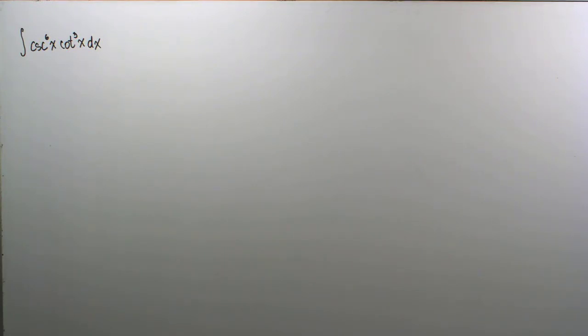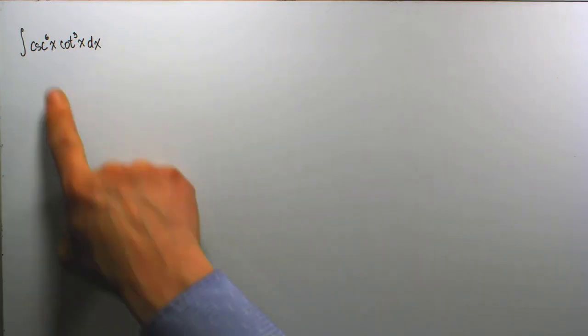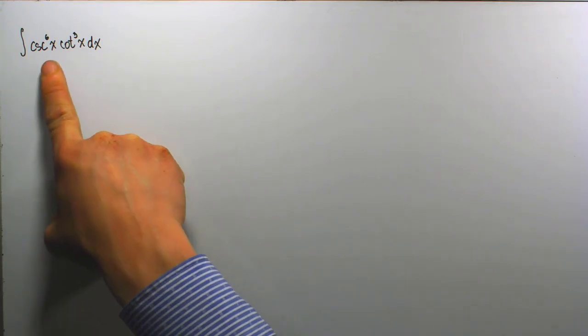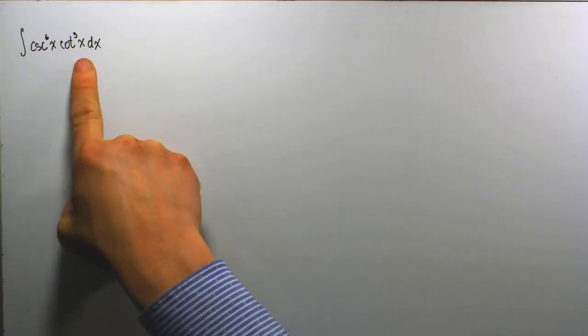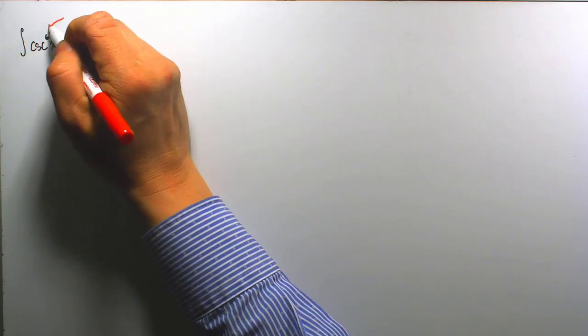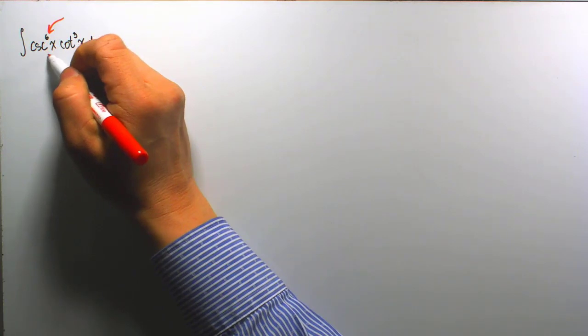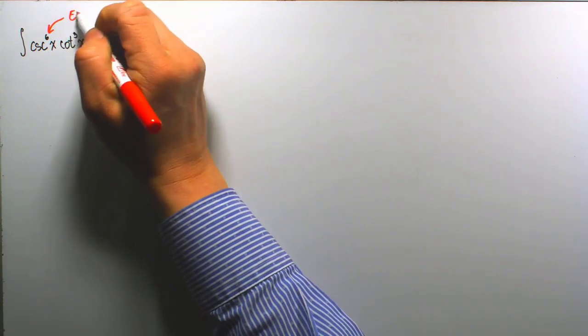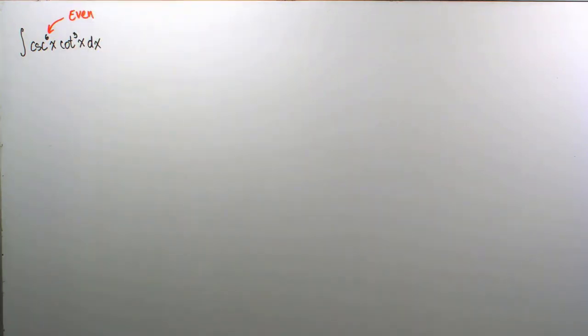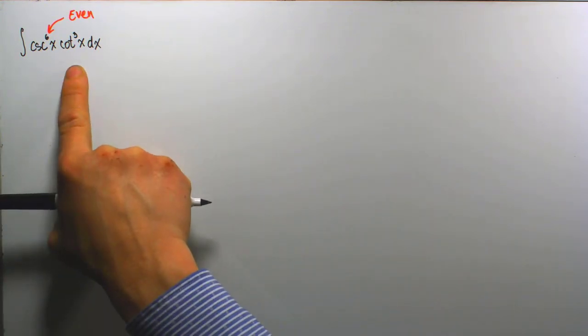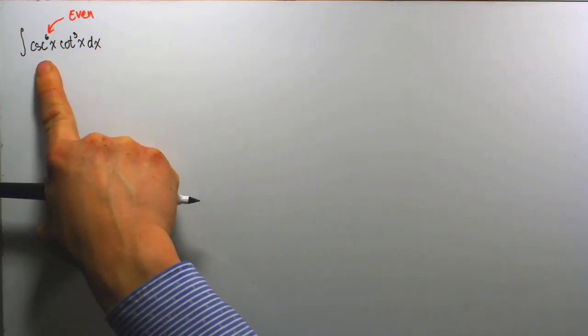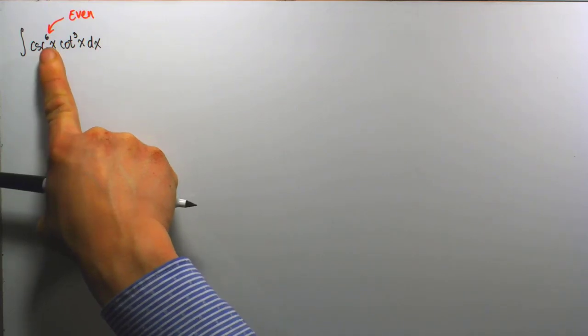Now we're looking at an example of a trig integral where we have a power of cosecant with a power of the cotangent. And further, we're at that case where the power on the cosecant is even.